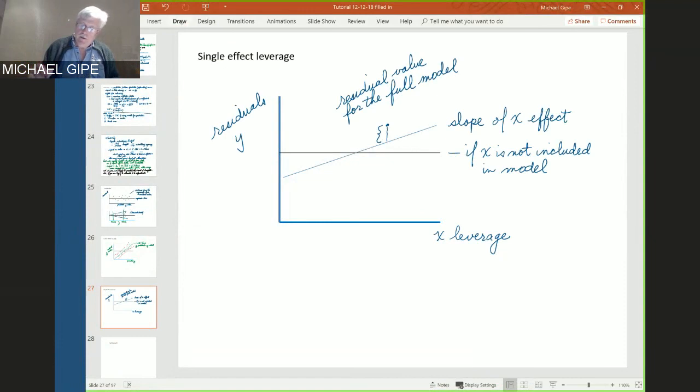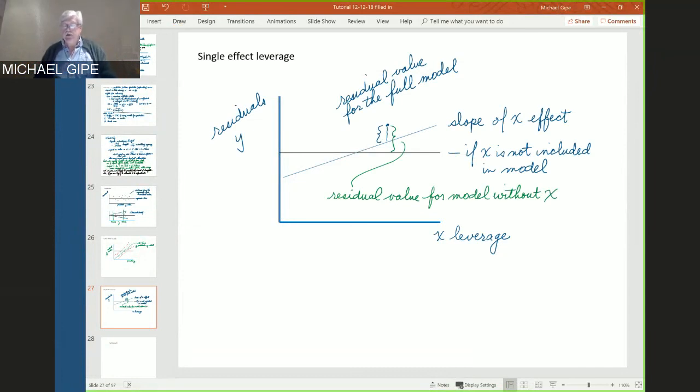And the distance to the flat line is the residual value for the model without X. A single X. Okay.